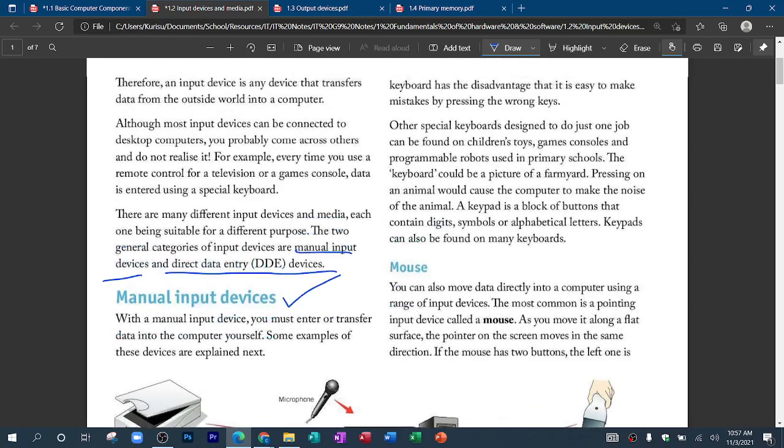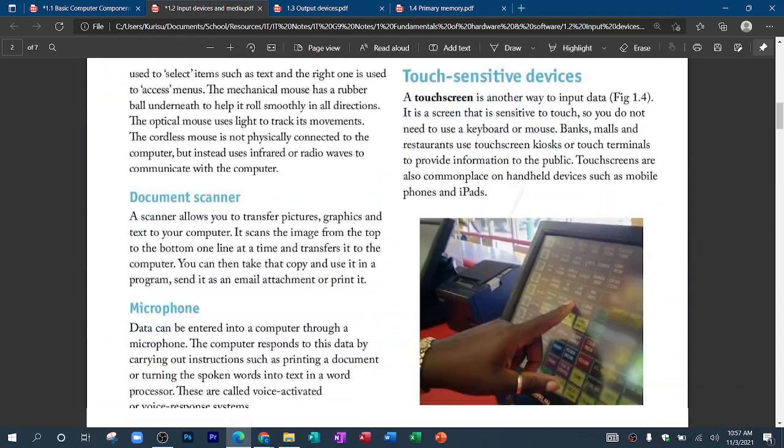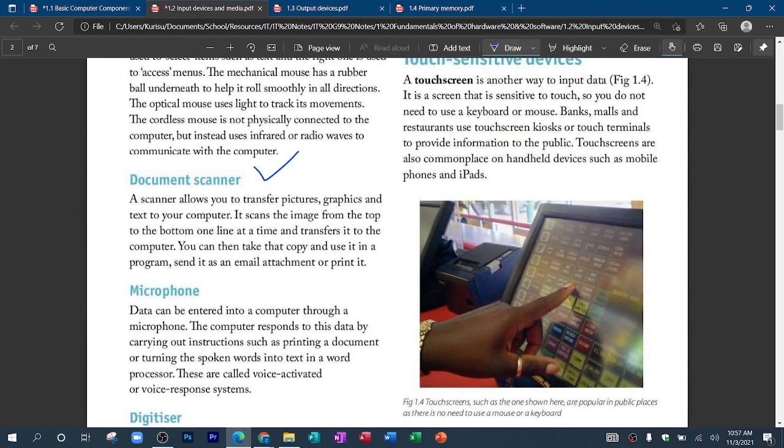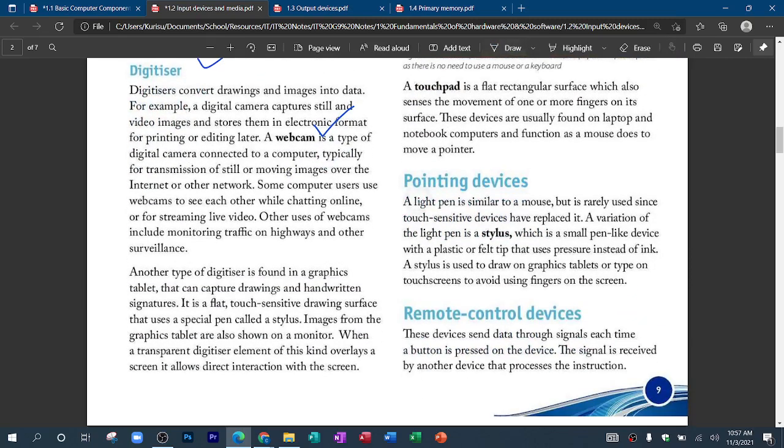Now, the other thing to remember is what are examples of manual input devices. We have quite a few examples that you need to remember and how they function. We have a keyboard, a keypad, a mouse, the document scanner, the microphone, the digitizer, the webcam, and the graphics tablet.